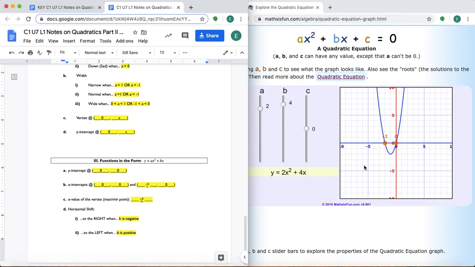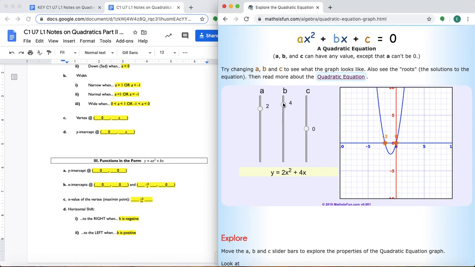Now, last but not least, a cool result is when b is negative. When I make b negative, it shifts my quadratic to the right, right? I'm shifting to the right. But when I make it positive, I shift to the left. So I'm shifting to the right when b is negative, and I'm shifting to the left when b is positive. It's a flip-flop situation here.